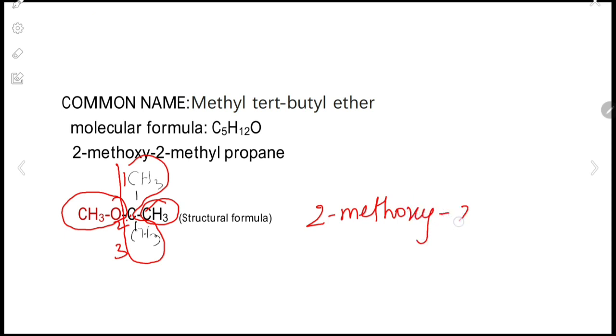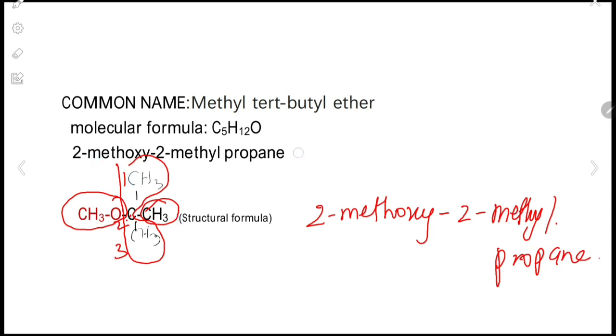2-methoxy dash 2 dash methyl. And how many carbons are over here? 3 carbons. So the parent hydrocarbon will be propane. I hope this is very clear, the numbering and all those things.